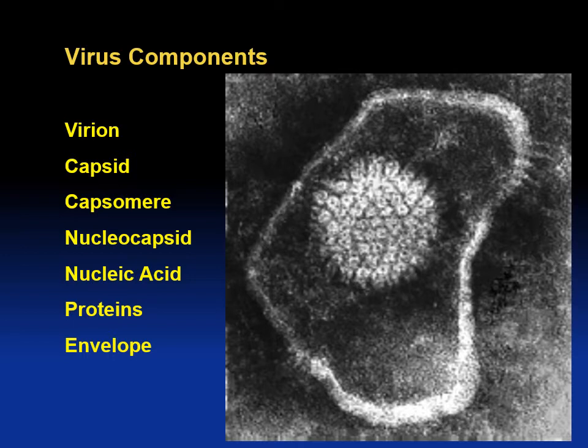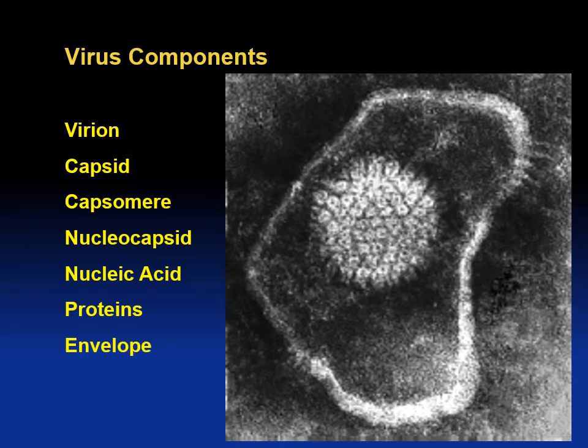So those proteins usually aggregate to form a certain structure that helps in protecting the nucleic acid inside it. So it helps in protecting, and it helps in transferring the nucleic acid from one organism to another.